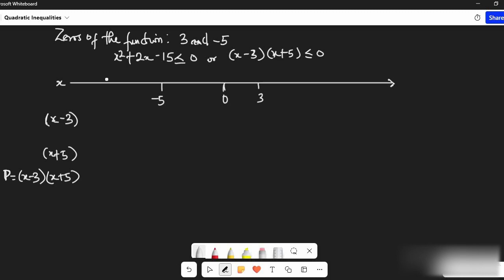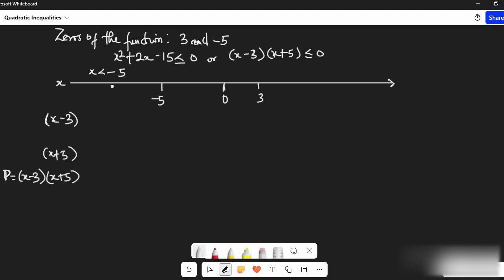Okay, so starting from the left end of -5, which is this region here, where x is less than -5, we want to see if the function is positive or negative in this region. Positive means that it is greater than 0, and negative means that it is less than 0.